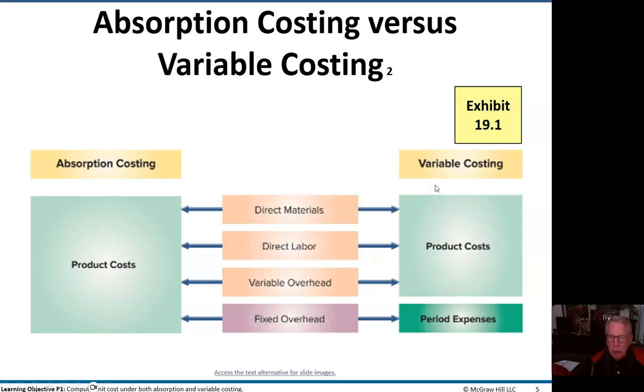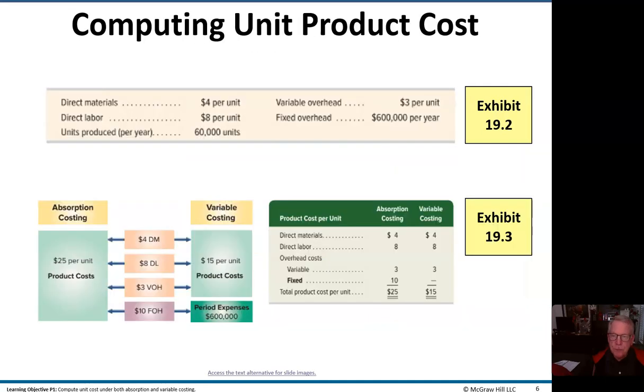That subtlety is very important in that we don't cost product costs until they're actually sold in cost of goods sold. So there's a delay in reporting product costs under absorption costing, and for that matter, variable costing. But the fixed overhead costs are period expenses, so there's no delay under variable costing.